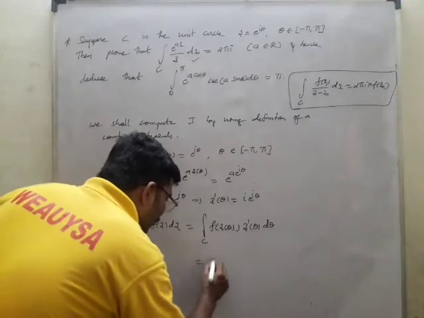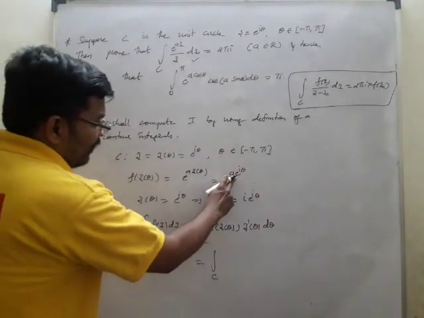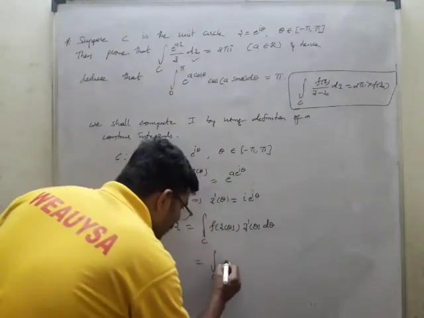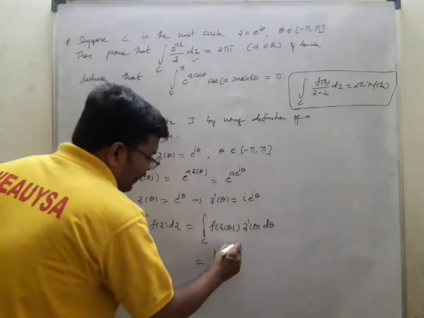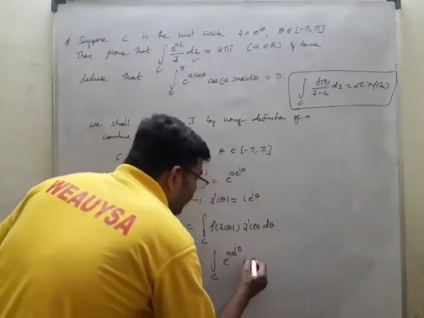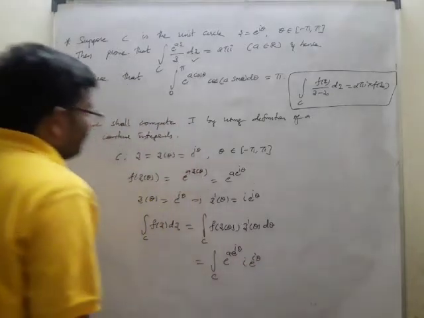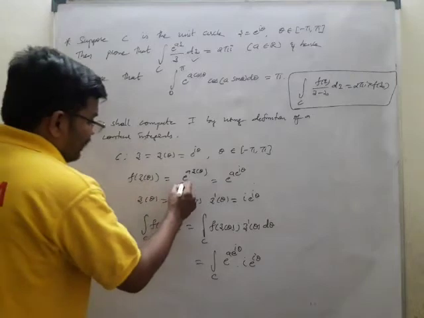Now the integral over C of e^(a e^(i theta)), because z is nothing but e^(i theta), and z dash of theta is i times e^(i theta).